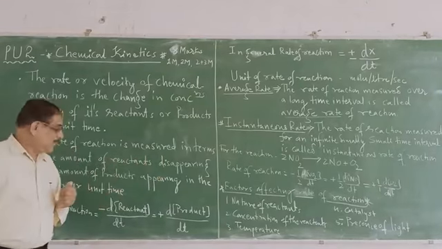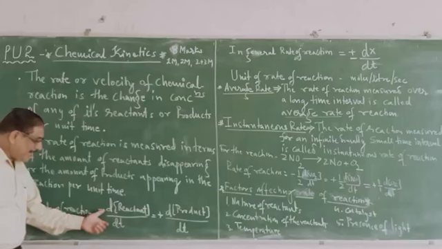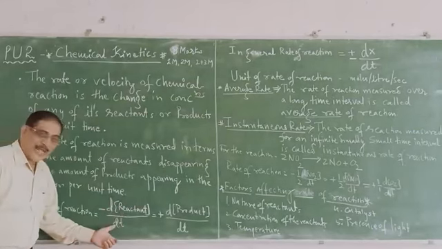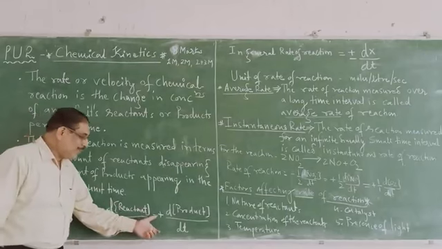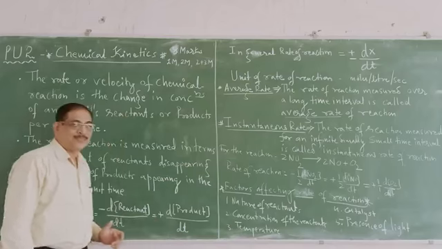Understand? So, in general, I can write here rate of reaction is equal to minus d of reactant with dt is equal to plus d of molar concentration of product with dt.